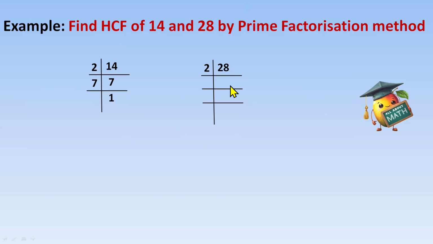Now where it comes? 14. 2 fourteens are 28. Now 14 comes in 2 table. Yes, it again comes. So we'll check again and again. It comes in 2 table again, and it comes at 7. So we'll write 7 down. 2 sevens are 14. Now 7 is a prime number.